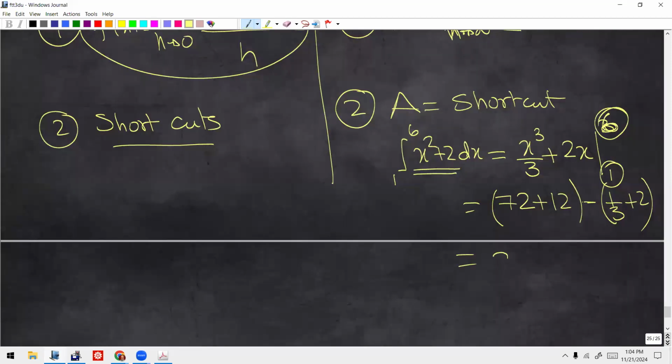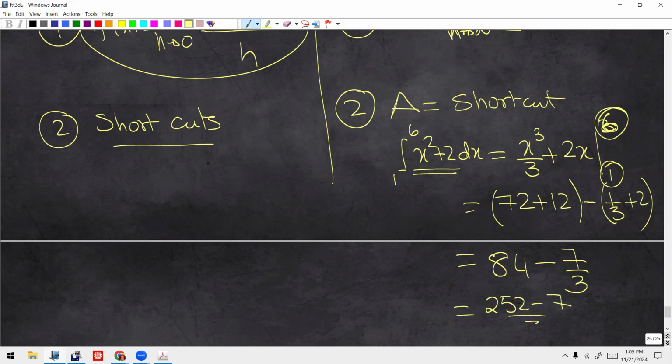So if I do that, I'll get 72 plus 12 is 84, minus 1/3 plus 2, which is 7 over 3, right? 84 times 3, we need a common denominator. That's 252. Minus 7 over 3, which is 245 over 3, which is what we had, right?